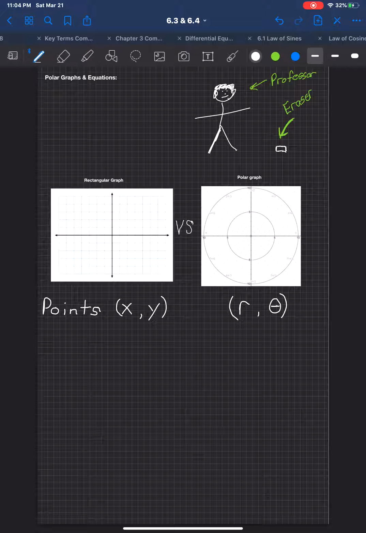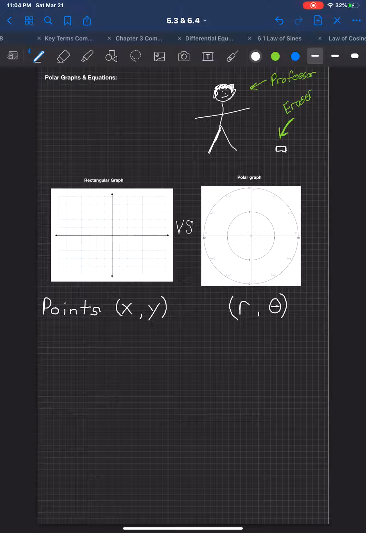So let's assume you were in Calc 2 or Calc 3 and I start babbling on about polar coordinates, and you'll be able to just sit back and relax and say, oh yes, I recall learning about polar coordinates way back in pre-calculus. Okay? So let me start with a question.